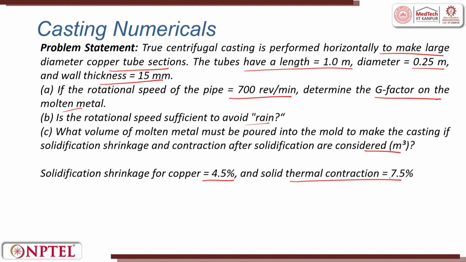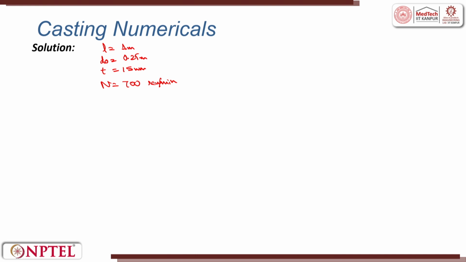So this is interesting. Now the problem says there is an internal diameter, there is an external diameter, and between them there is thickness. This is thickness T. This is our D outside, and this is our D inside. The outside is 0.25 meters.